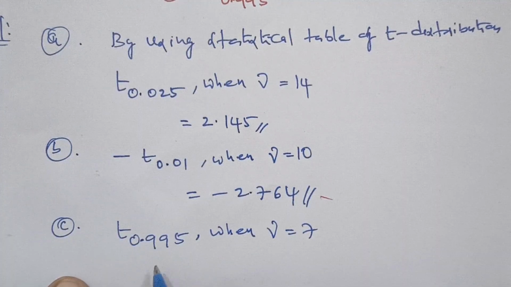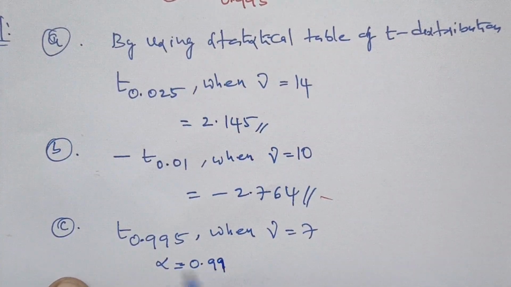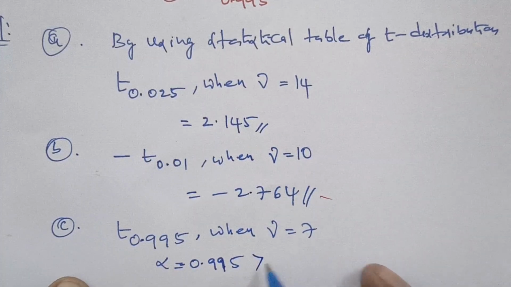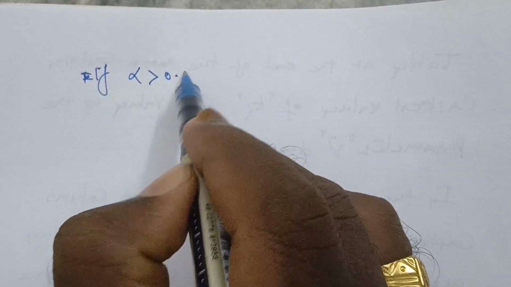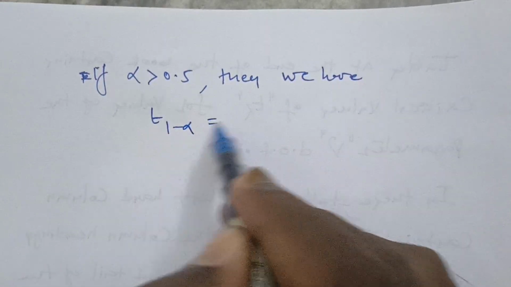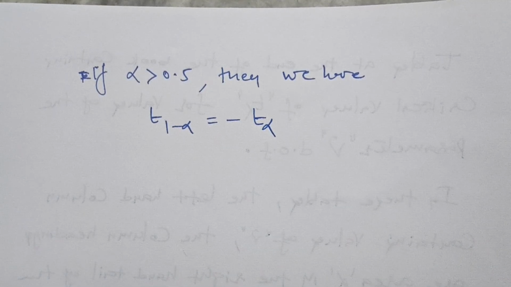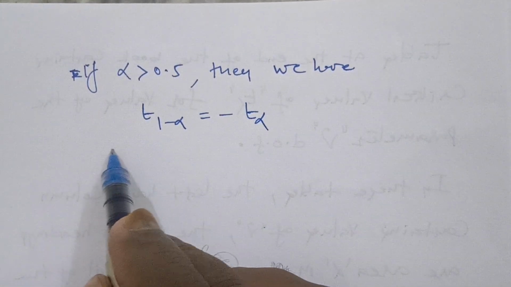Look at the t distribution table for this value. But here the suffix value alpha is 0.995. It is greater than 0.5. So in this case we have a formula in the t distribution: if alpha is greater than 0.5, then t 1 minus alpha equals minus t alpha.